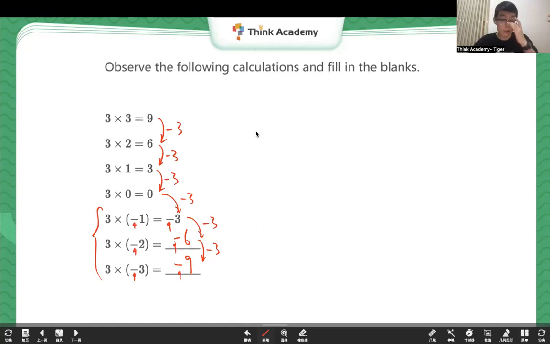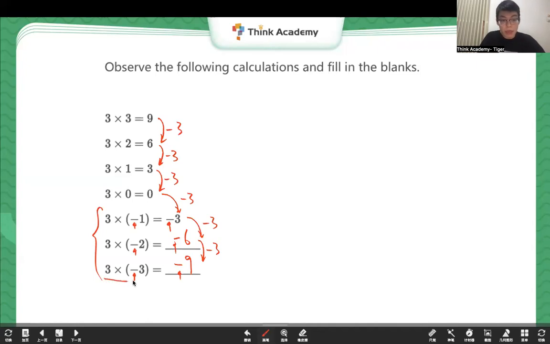Okay, so now we know that if I'm multiplying a positive number to a negative number, I get a negative product. And what if we are multiplying a negative number to a negative number? That's the question. What if there are two negative numbers multiplying to each other?